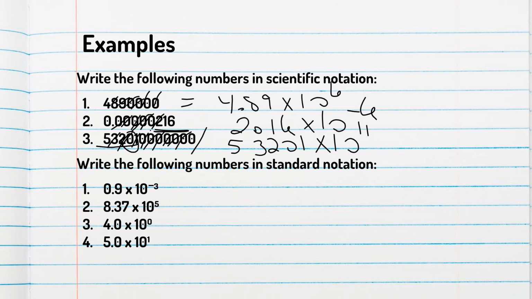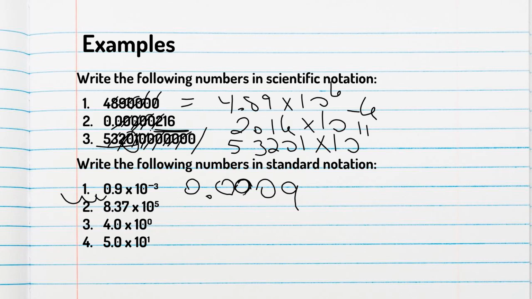So I'm going to go backwards 3: 1, 2, 3. So 0.0009 would be my answer.